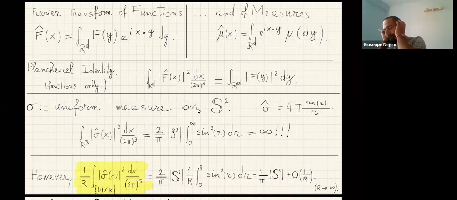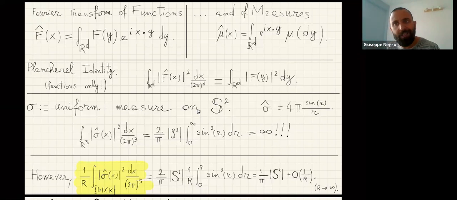I'm going to talk about the Agmon-Hörmander estimate, which is an estimate at the crossroads of harmonic analysis and partial differential equations. Agmon and Hörmander are big names of 20th century differential equations.